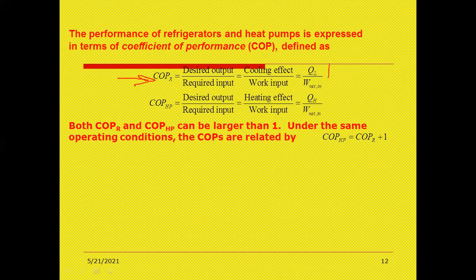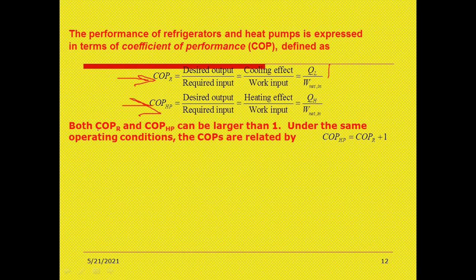Coming to the second one, the COP of a heat pump is equal to desired output by required input, that is, heating effect divided by work input, which equals QH divided by work input.